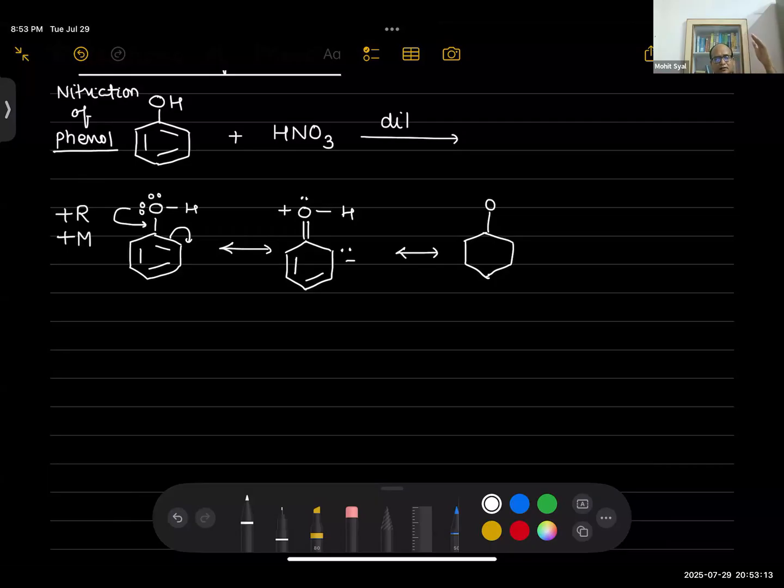By this, the lone pair of the oxygen of the OH is getting into the benzene ring. Is this clear?